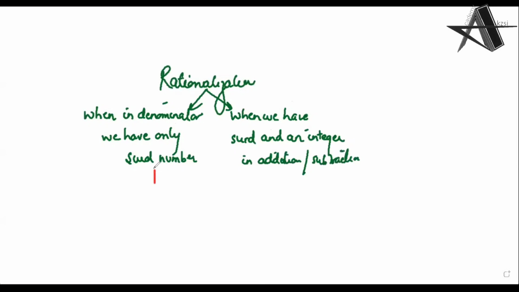When we have only a surd number in the denominator, it looks like this. There is only one surd number. But when we have an integer and a surd, if they are in addition, that means 2 over root 3 plus 1, 5 over root 7 plus 2, there is an integer number and an irrational number, and we are adding or subtracting them.